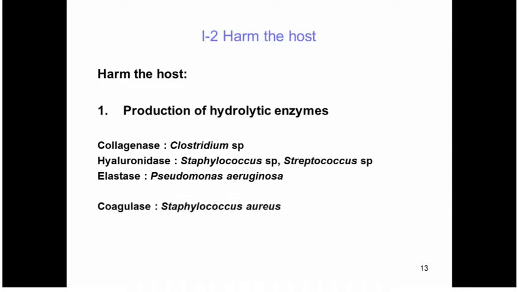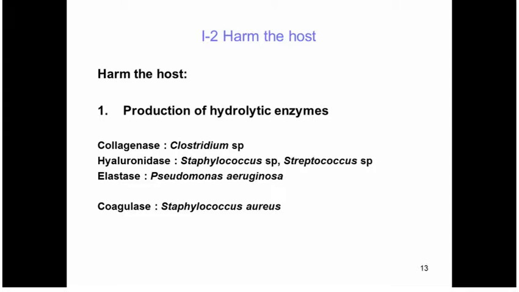Now, other bacteria have a bunch of other hydrolytic enzymes that can be involved in pathology. So Staphylococcus aureus is very, very particular because it induces clot formation, blood clotting, and this is very important for the production of abscesses.